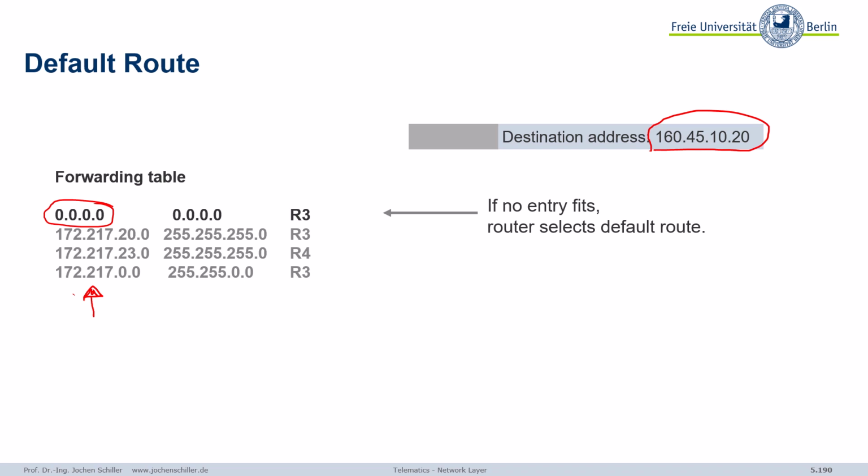And then the hope is that maybe the next router knows what to do. So a router doesn't store all the end system IP addresses, but also doesn't store all the network prefixes. That's not necessary. So routers only store a certain part of the network prefixes, and if they don't know what to do, they have a default route. So that's the idea.